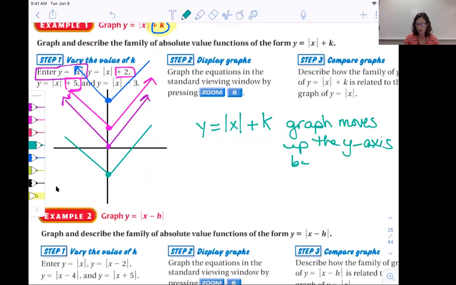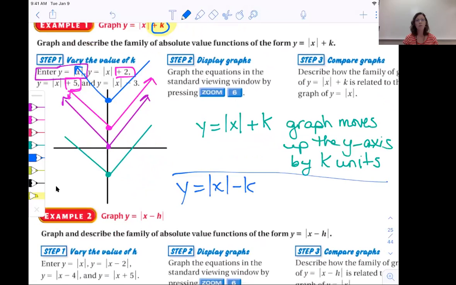So by k units, whether it's 2 units or 5 units or 7 units. When it's a plus k, it's going to go up. When it's a minus, then the graph moves down the y-axis by that k value.